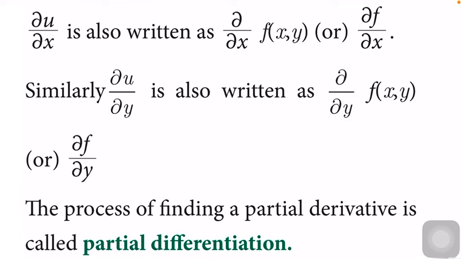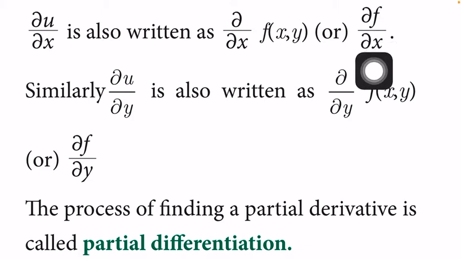So, u is equal to f of x comma y is a function with two independent variables x and y. So, dou u by dou x, we can write it as dou by dou x of f of x comma y, or dou f by dou x.